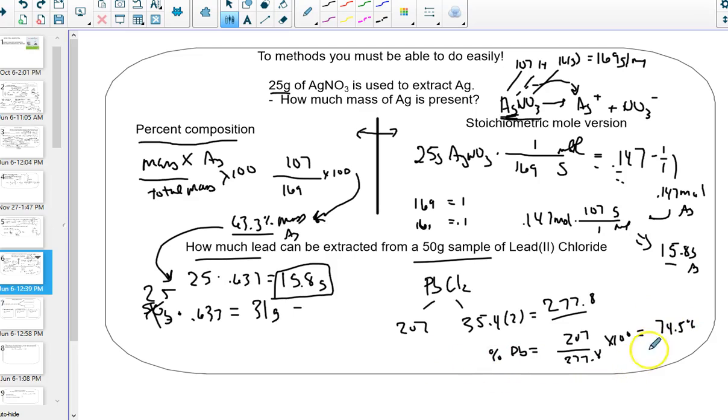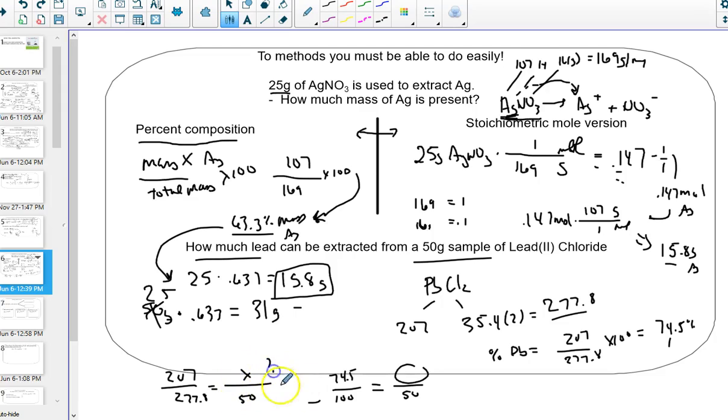Now, this is a linear proportion, so I could just set up a linear proportion where it says, okay, 74.5 is to 100 equals, this is my total mass on the bottom here, so total mass is 50, and cross multiply and divide, you get your answer. It would be the same thing as saying 207 is to 277.8 equals what is to 50.